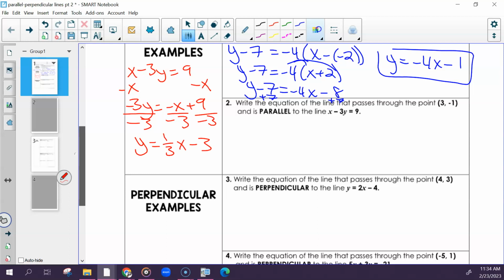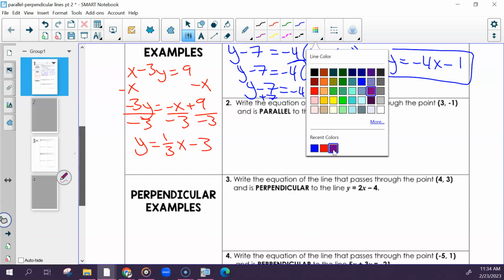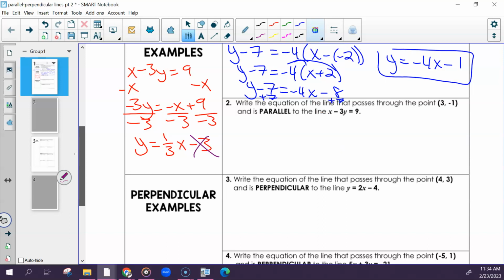We have an equation, but that is not the answer to the problem. That is just us rewriting what was given back in slope-intercept form. If you want to cross out the -3 so you don't confuse it with anything else, you can do that.